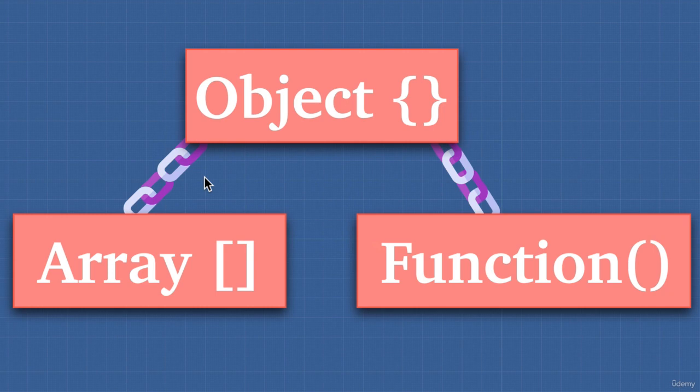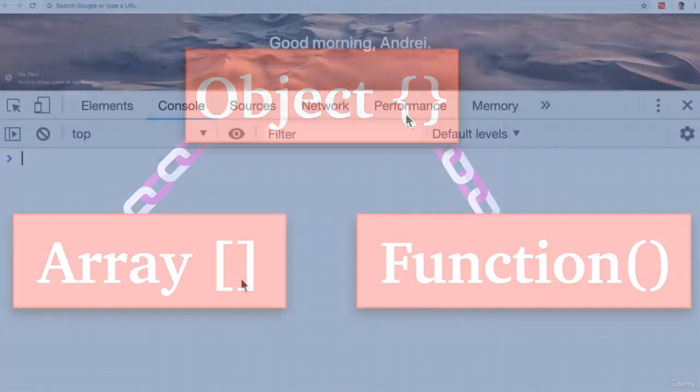So what I'm saying here is that the array object, again, remember, everything's an object, gets access to the properties and methods of the object in JavaScript. And same with functions. Through this chain that we call prototypal inheritance, functions get access to the methods and properties of objects. Now, let's demonstrate this in code.